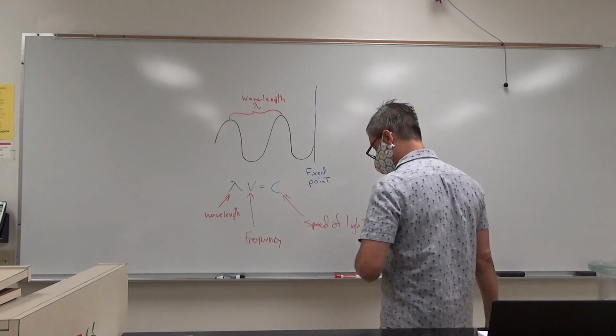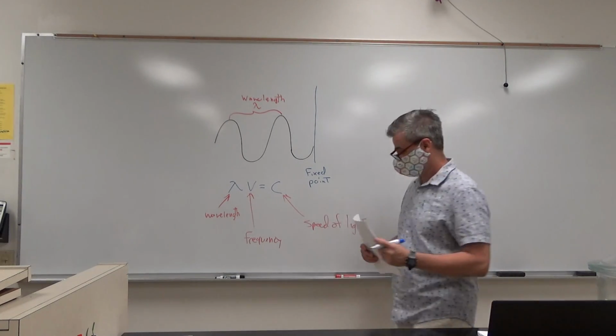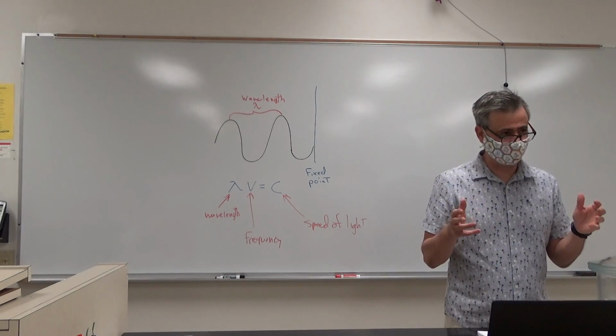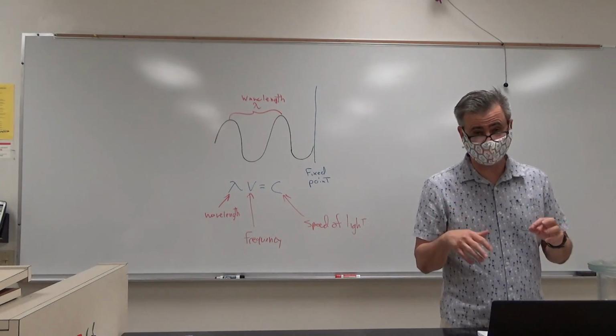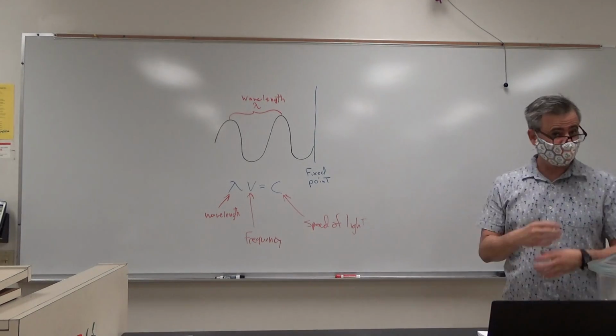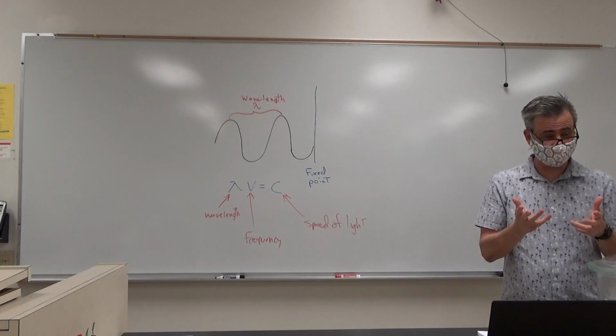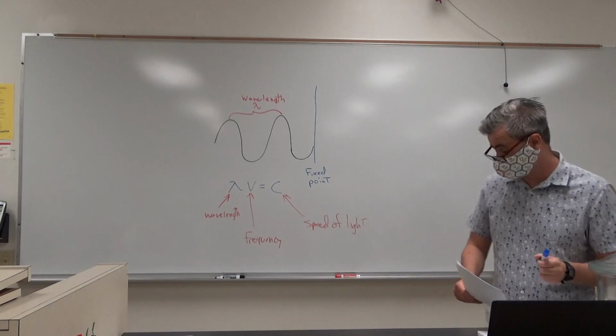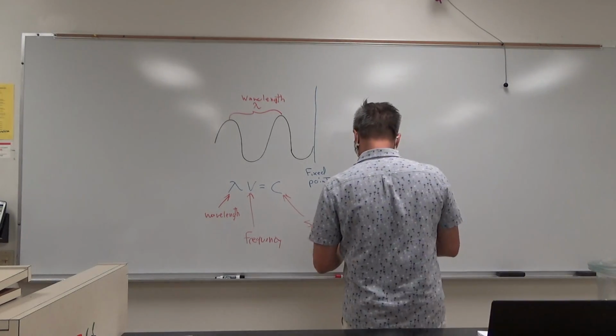And then the energy. There's that complicated, mind-bending idea that light is both a wave but also a particle, right? It comes in packets called photons, and photons can have different energies according to what wavelength they are.